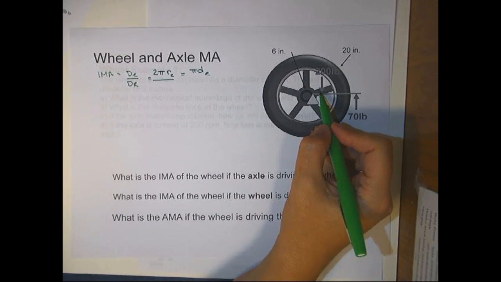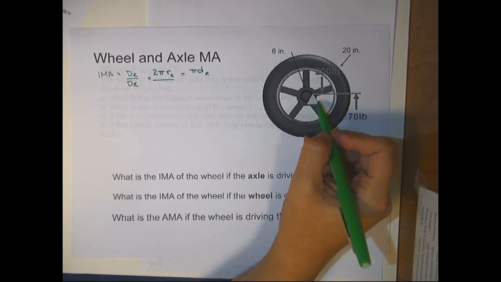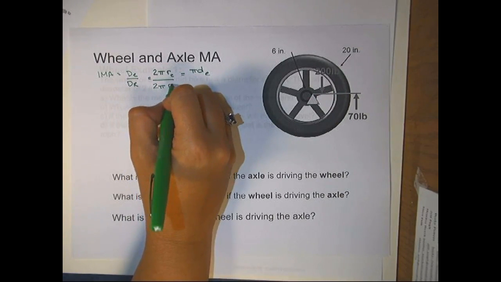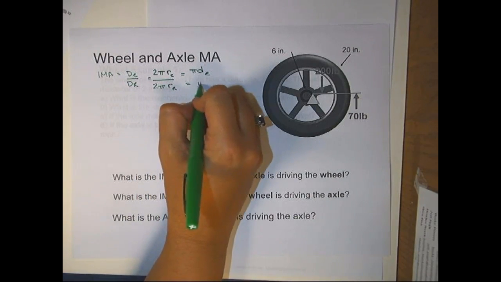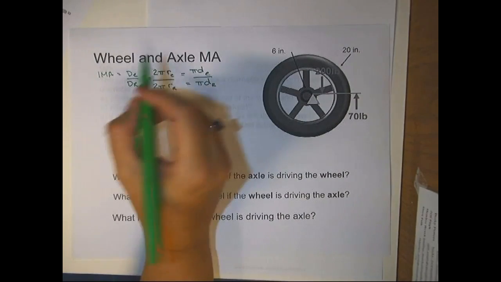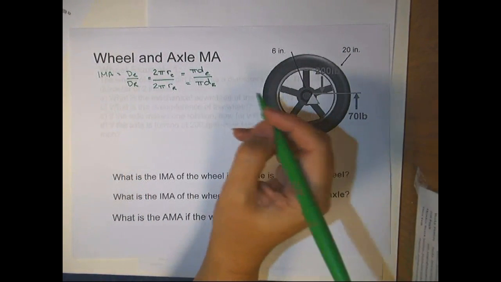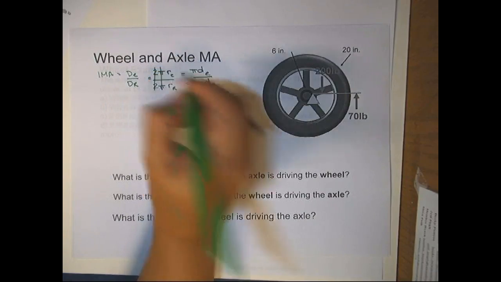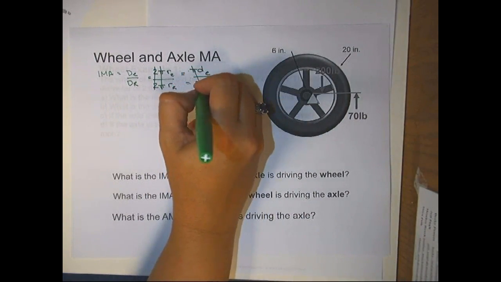And then this part where I'm pushing here at the axle, it would be the same thing, but it'd be 2 pi radius to the resistance, or pi diameter to the resistance. Well, in math, if I have the same thing on top and bottom, 2 over 2 is just 1. So these cancel and these cancel. And in this one, these cancel.